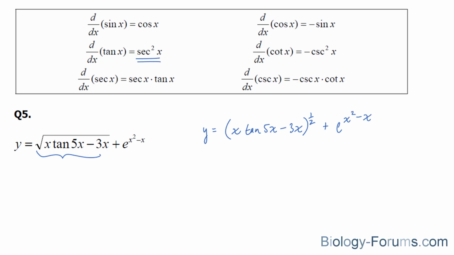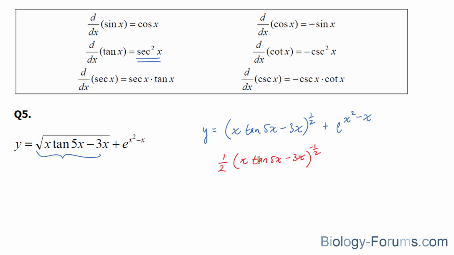With that said, we will bring this number down, 1 over 2 times x tangent 5x minus 3x to the power of negative 1 over 2, so I subtracted a 1 from here.